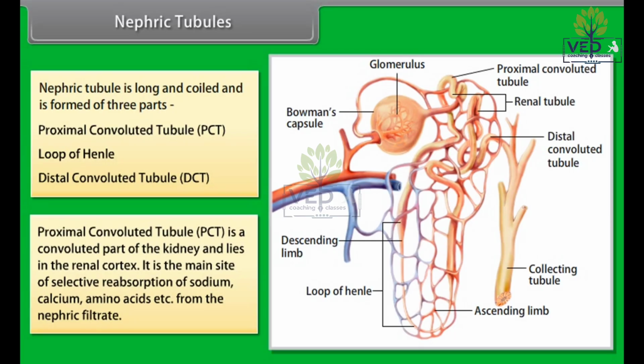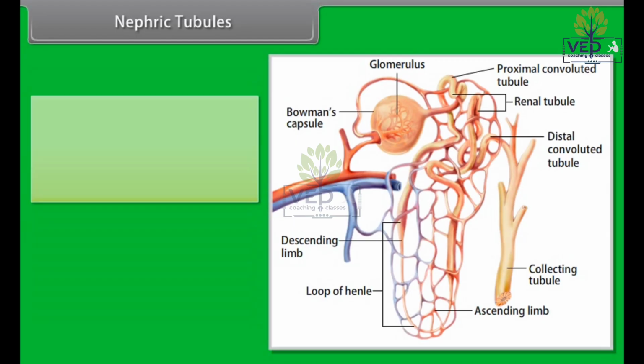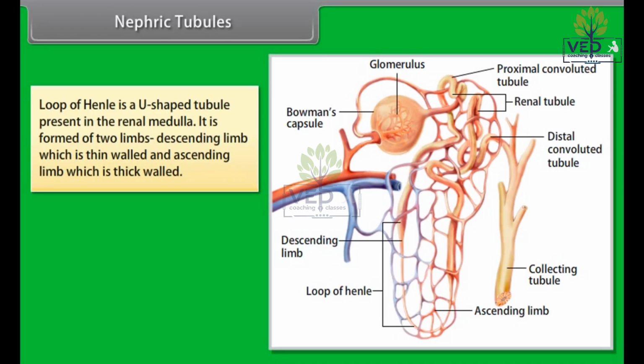It is the main site of selective reabsorption of sodium, calcium, amino acids, etc. from the nephric filtrate. The loop of Henle is a U-shaped tubule present in the renal medulla. It is formed of two limbs, a descending limb which is thin-walled and an ascending limb which is thick-walled.